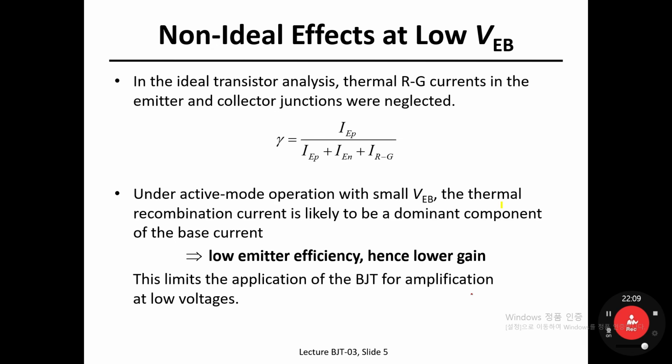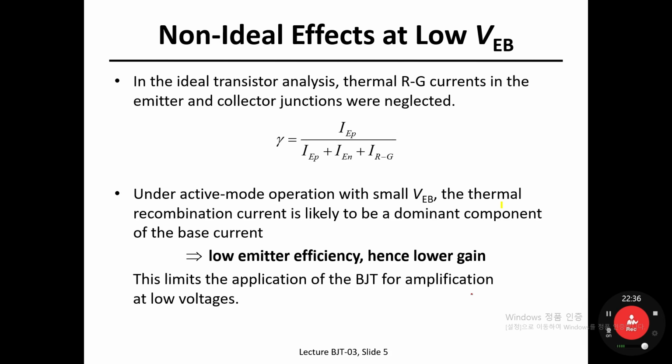Breakdown, right? And generation current, and recombination current, and what else? Yeah, series resistance, high level injection. If you're not familiar with it, or if you forget those non-ideal effects in PN diode, please go back to the PN diode movie clip and review it.